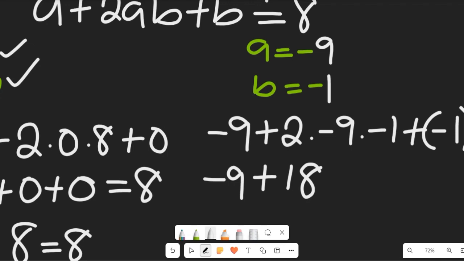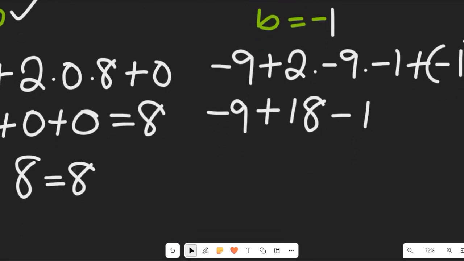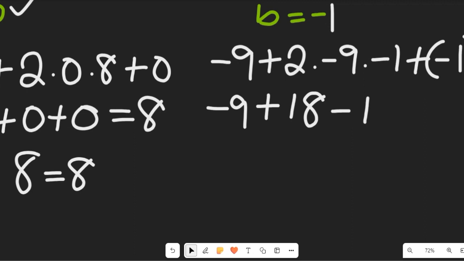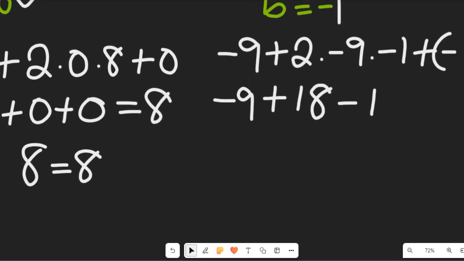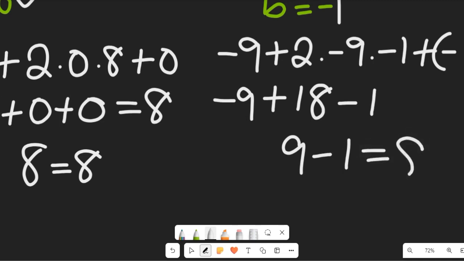Then plus b is minus 1. So negative 9 plus 18 is going to give us 9. And then we'll have 9 minus 1 is equal to 8.